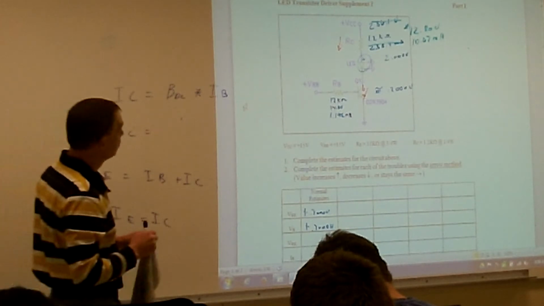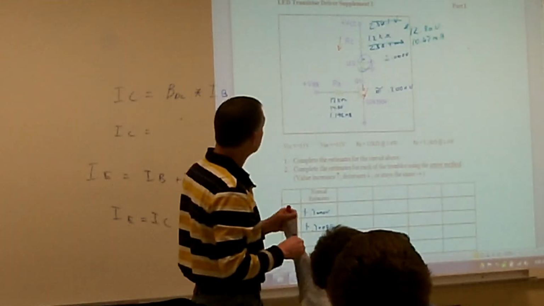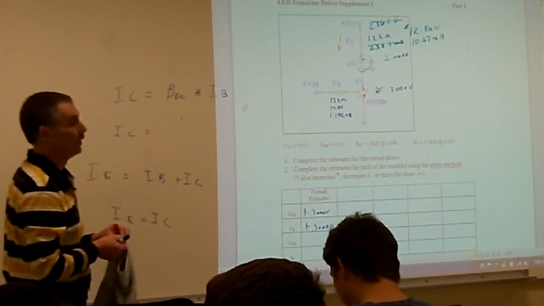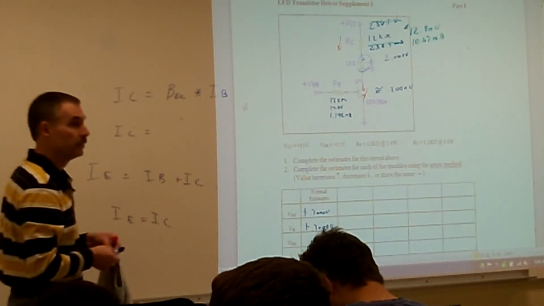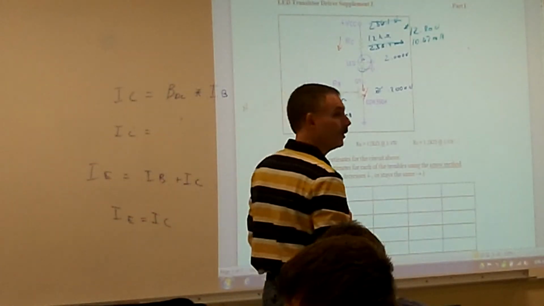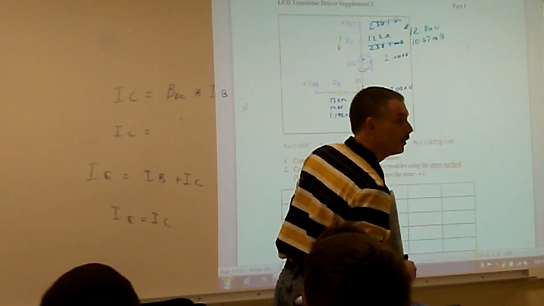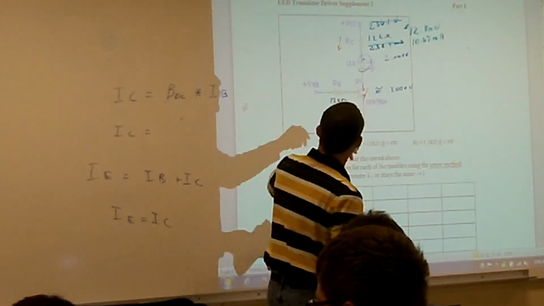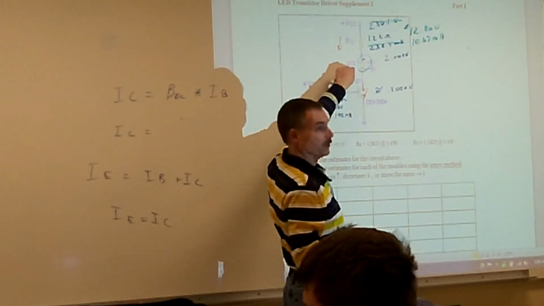And the LED would be on. The LED would be 2 volts.